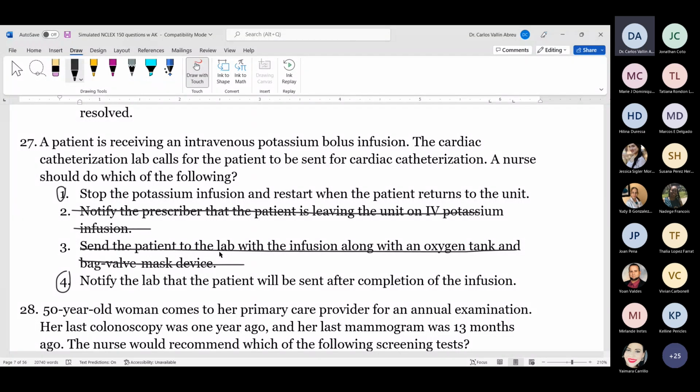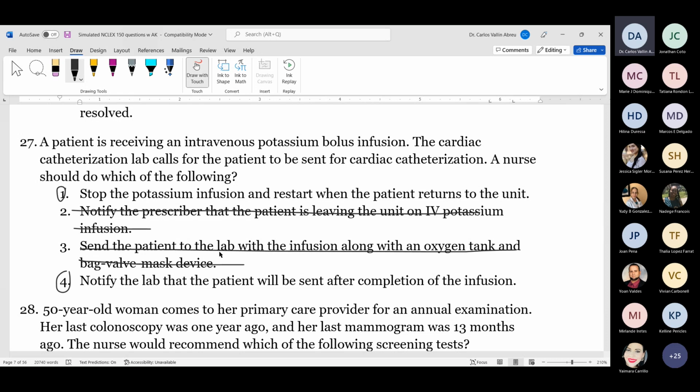Yes, because we know that low potassium is associated with cardiac arrhythmias. And it is a safe intervention telling the people of the catheterism, hey, I'm so sorry, but the patient is more important than your schedule. You can be very upset, but this patient was diagnosed with hypokalemia and the doctor ordered a bolus of potassium. I'm sorry that you need to change your schedule, but the patient is first.